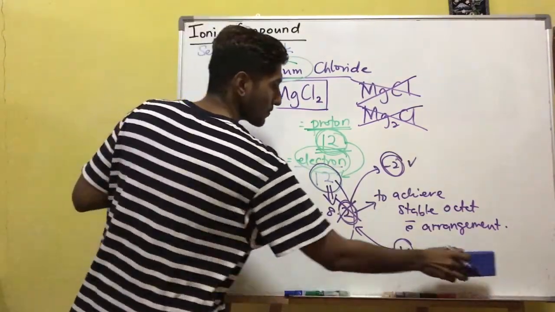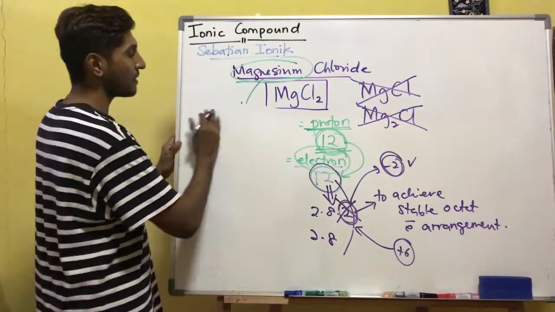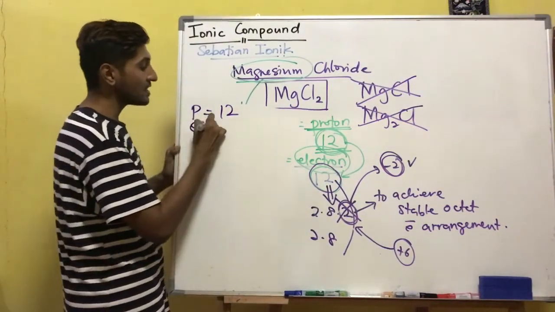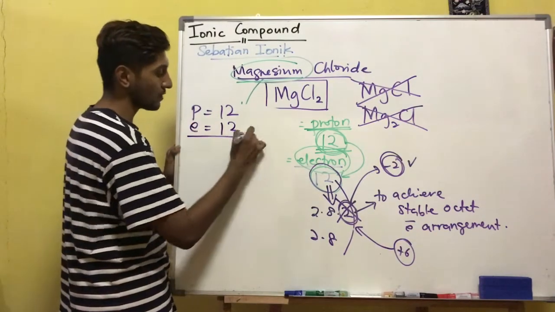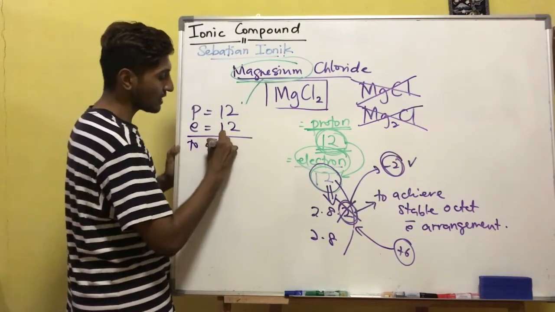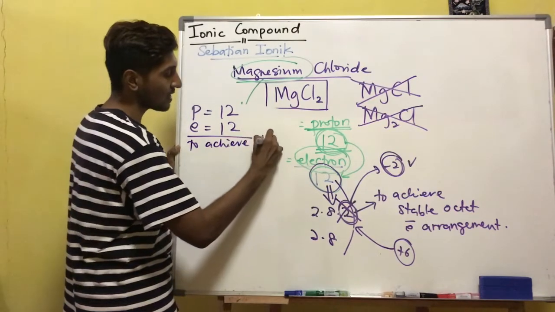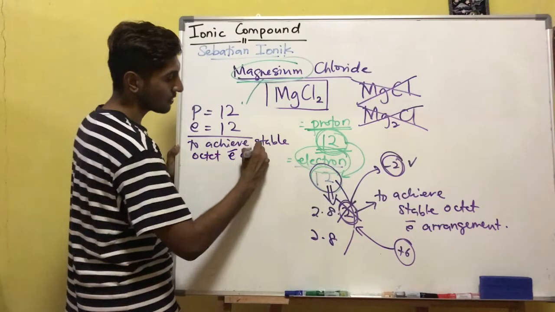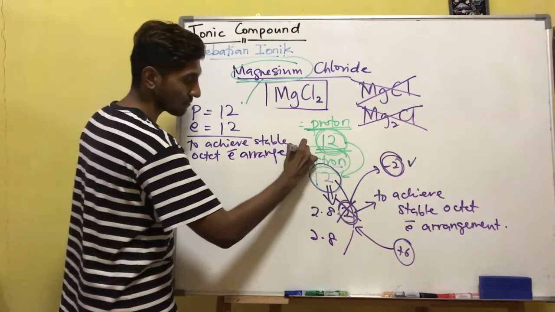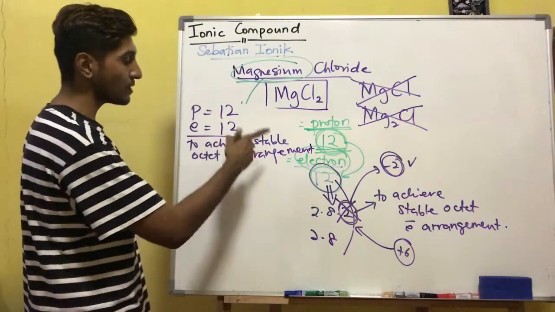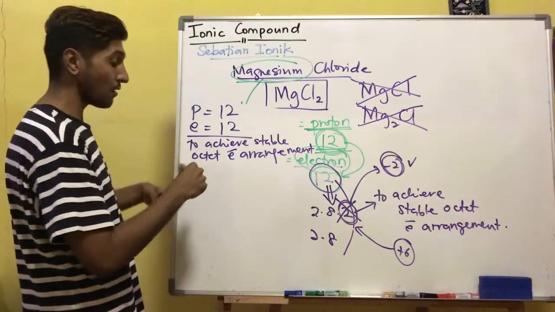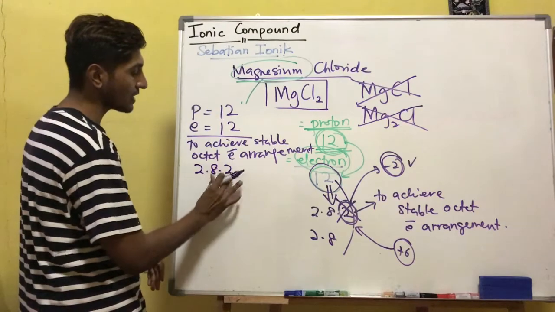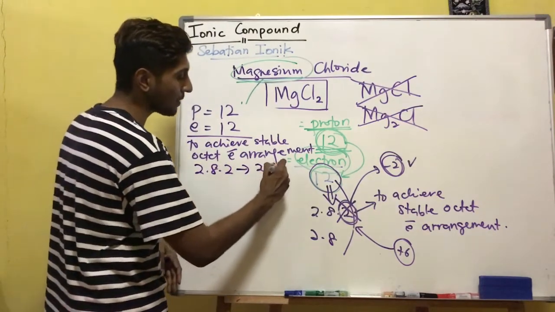So now, since it is an atom, like I said, there is 12 proton. Am I right? Originally, it would also be 12 electron. Therefore, to achieve stable octet electron arrangement, untuk mencapai susunan elektron yang stabil, oktet yang stabil, so daripada 282 kita akan jadikan dia 28 saja.